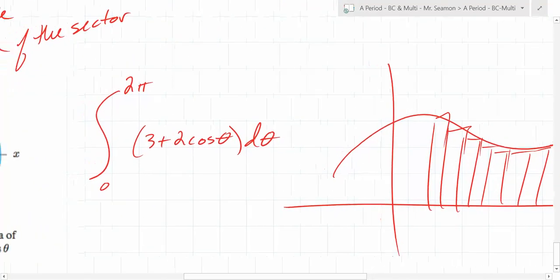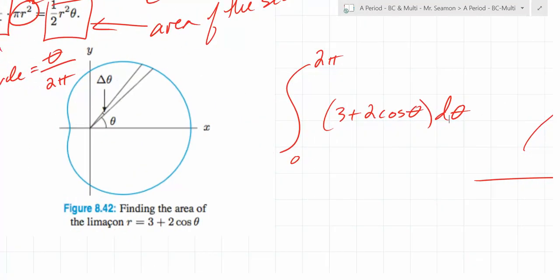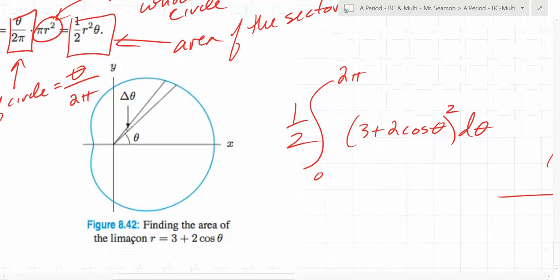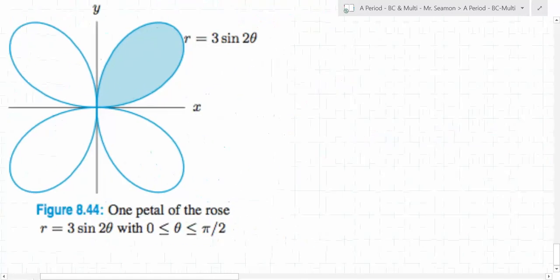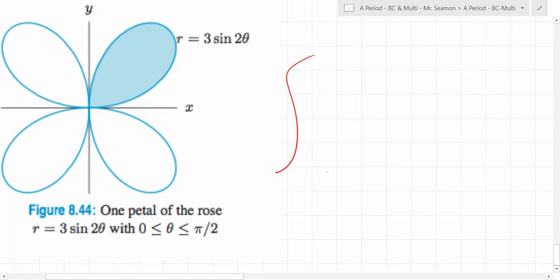What is he missing? 1/2. Yeah, what goes out front? You can always factor out the 1/2. What else do you have to do? Squared. Correct. Is there something else missing? What else is missing? The integral from what to what? 4 times the integral from 0 to what?